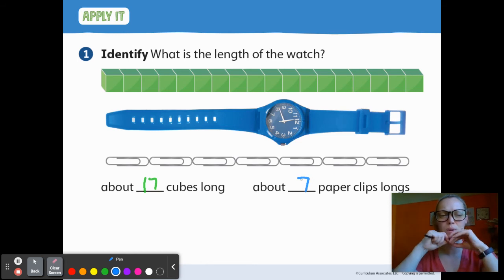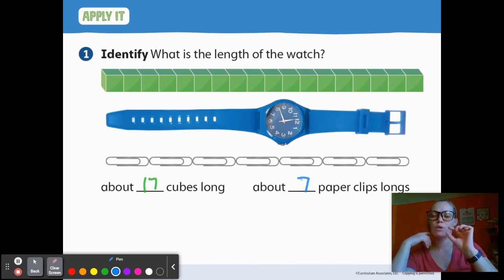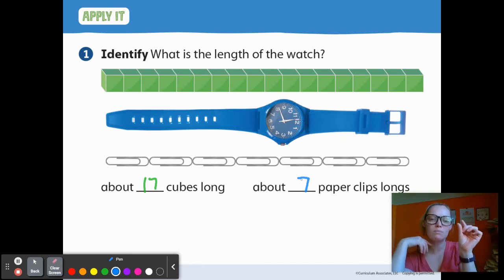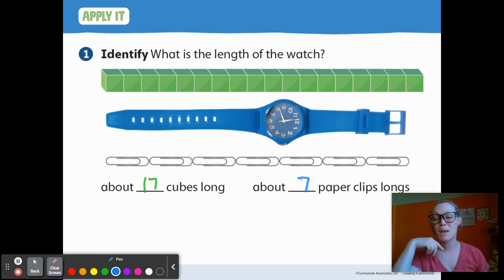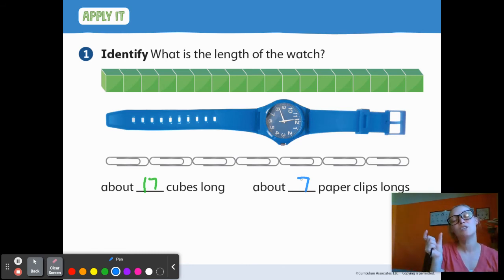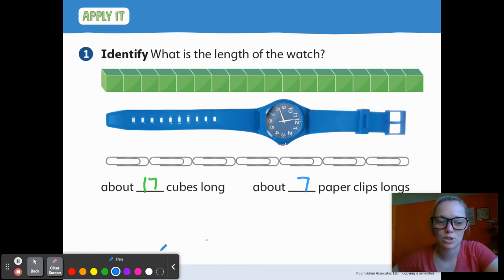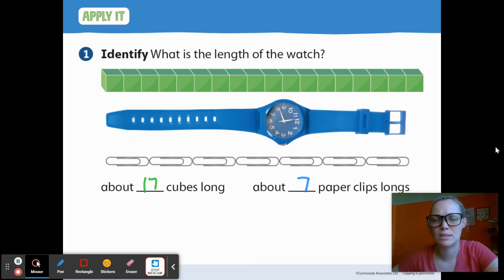What's different about the paper clips and the green cubes? The green cubes are actually smaller, so it takes more of them to measure the length of the watch. The paper clips are a little longer, so you don't have to use as many of them to measure the watch. It's a tricky concept.